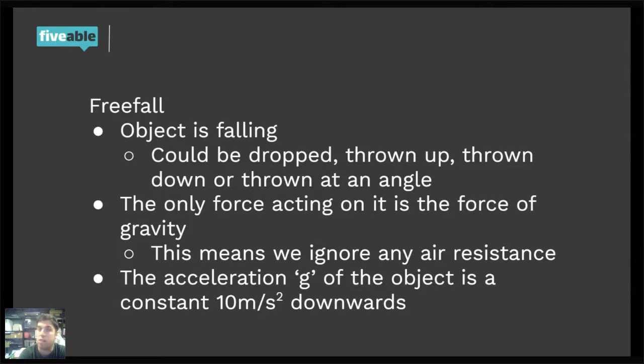None of the stuff we're going to be dealing with today gets us far enough away from the surface of the Earth that this becomes untrue. So for any falling object, we just talk about being in free fall, and we get to neglect air resistance. We know for a fact the acceleration of the object is 10 meters per second squared, pointing down.